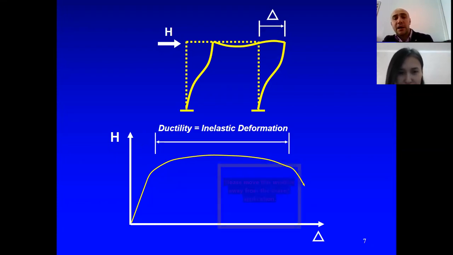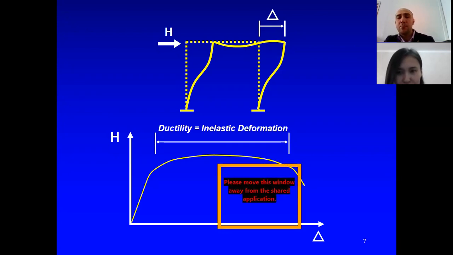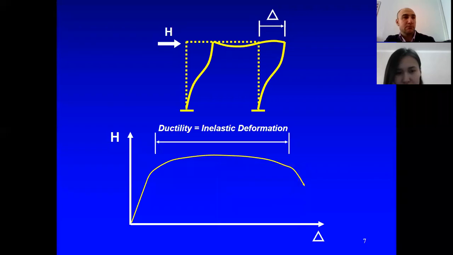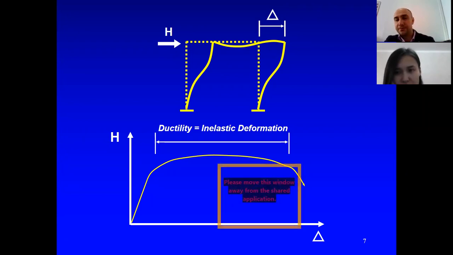So this slide reviews the basic concept of ductility. Ductility is the ability of the structure or some elements of the building to withstand large inelastic deformations without significant loss of strength.